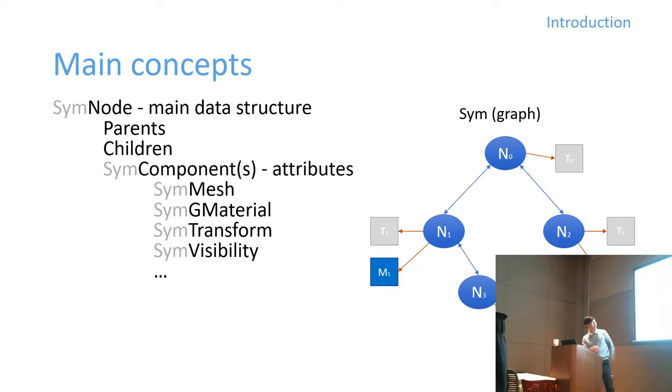If you see the graph over here, the squares are used to represent components, and the ovals are used to represent nodes. Just to get you a little bit familiar with this, because this will repeat throughout the presentation, we use N0 for a node, and T is just short for transform. A node can contain transform, and a node can contain a mesh over here, etc.